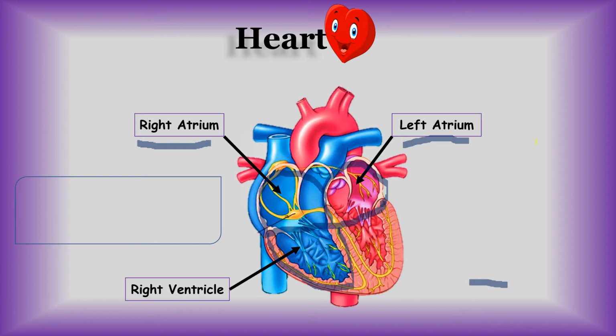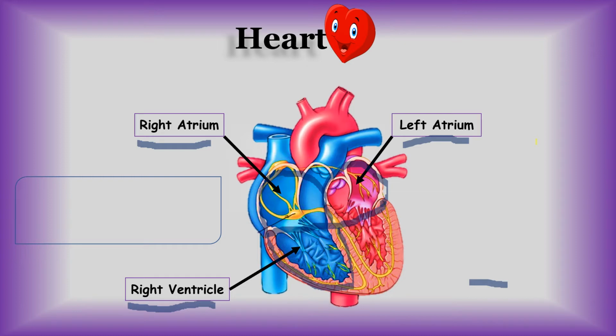The right ventricle receives blood without oxygen from the right atrium and gives it to the lungs for purification. This much is clear, children?